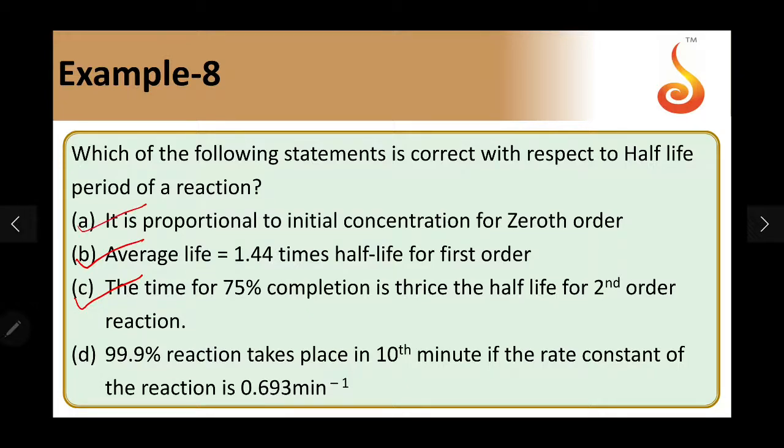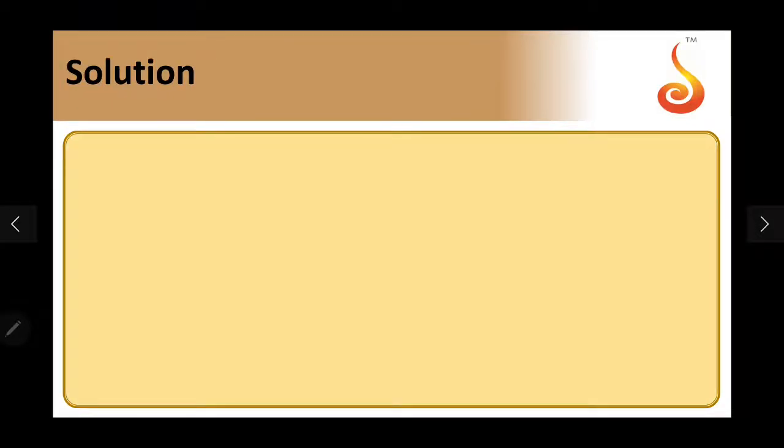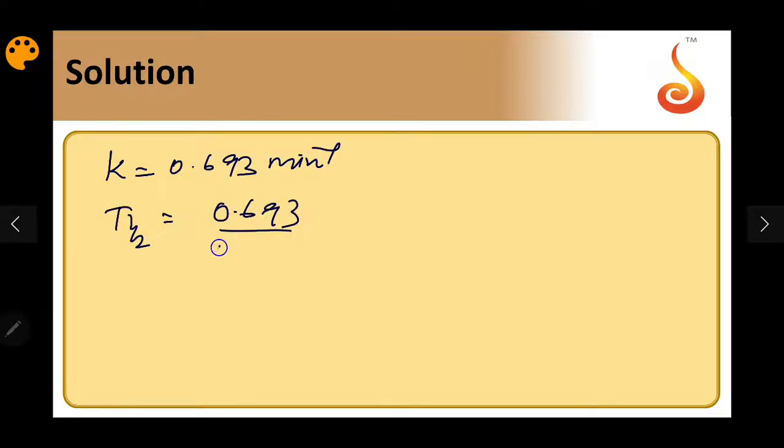Now 99.9% of the reaction takes place in the 10th minute. The rate constant of the first order reaction is 0.693 per minute, so it is first order. So K is equal to 0.693 per minute. So what is half-life? 0.693 by 0.693. So it is 1 minute.